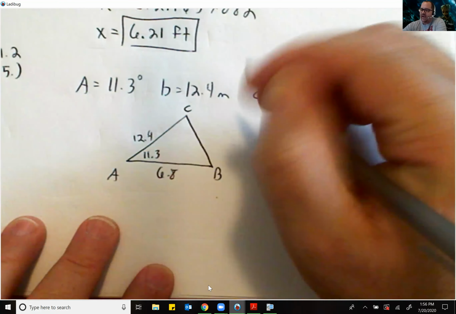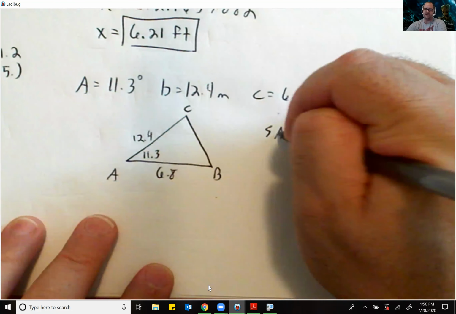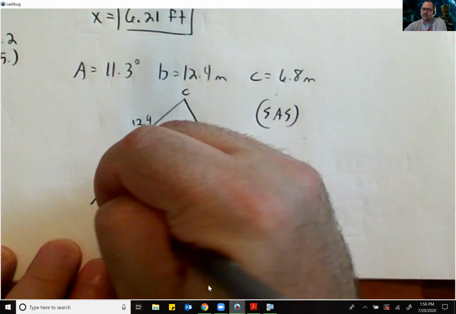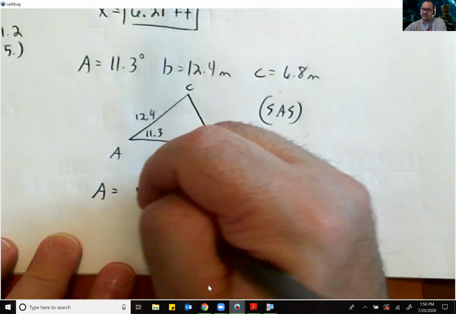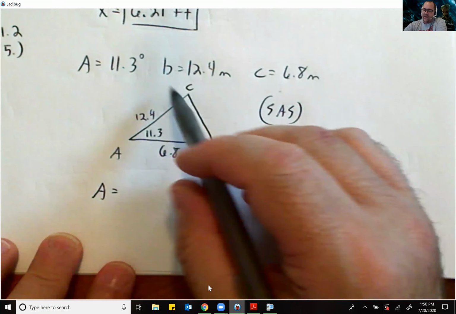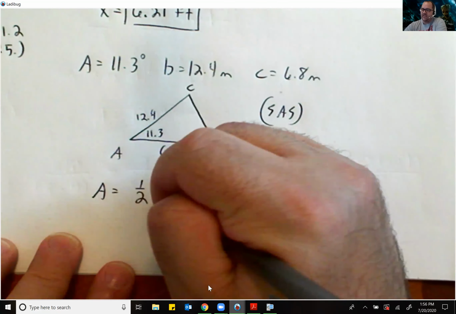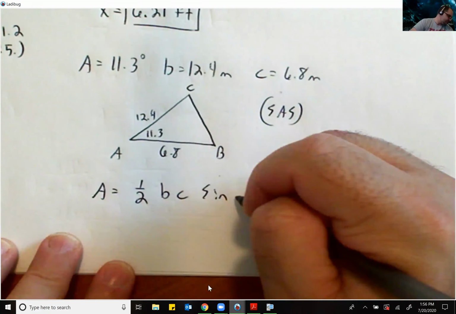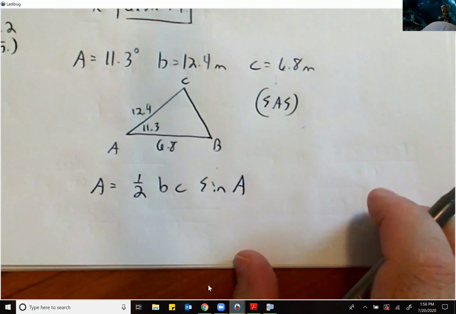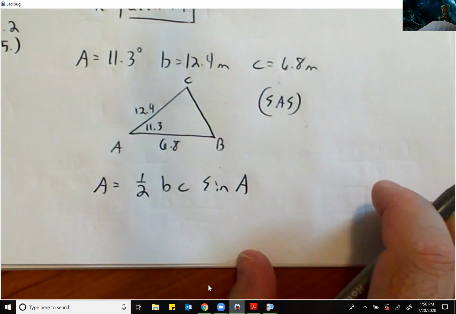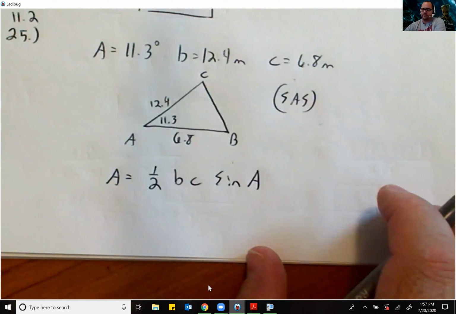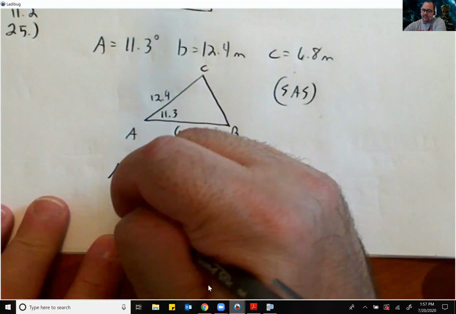So this is the side angle side version they want us to do. And when you do the side angle side version, it looks like this, based off of the stuff that we got: 1/2 bc sine big A. So from here, all we got to do is plug in and then go straight to the calculator and let it do its job.